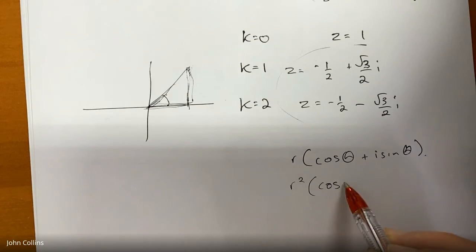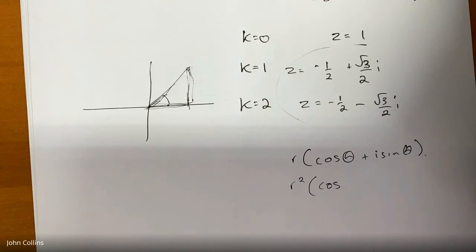We already proved how it works. You get r squared, then you get cos 2 theta plus i sine 2 theta, so you add the arguments and multiply the modulus. So then when you get the roots, it would have to give you those answers just based on how you do it.